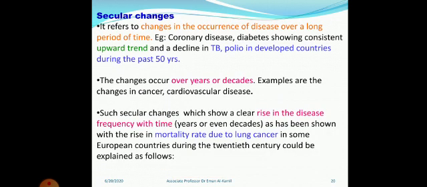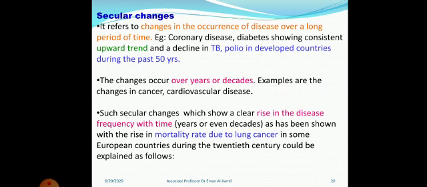The secular changes refer to changes in the occurrence of disease over a long period of time. For example, coronary heart disease or diabetes showing a constant upward trend, and a decline in tuberculosis in the developing countries, while TB and polio have been going down for the last 50 years.